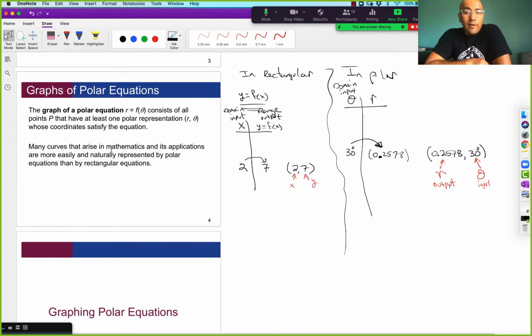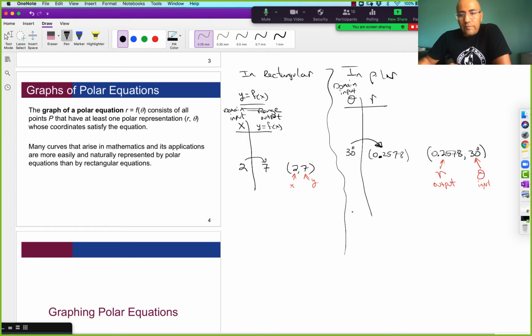Also, you have to be careful about whether you're graphing it in degrees or whether you're graphing it in radians, right? By default, it's always radians. I put the 30 degrees here just because I think it's easier to visualize things and to keep in mind that this is an angle. But really, by default, these things are always in radians.